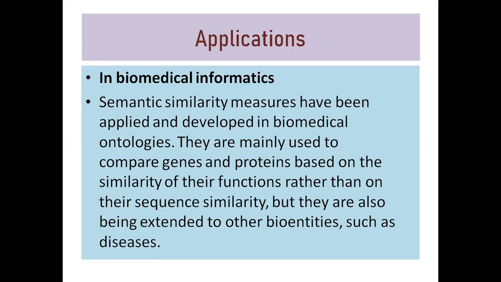But they are also being extended to other bioentities such as diseases. So, in biomedical informatics, to combine data sets, that is genes and proteins, or other bioentities such as diseases, these semantic similarities are very much used to combine the data sets.